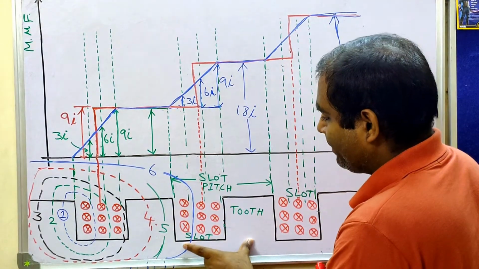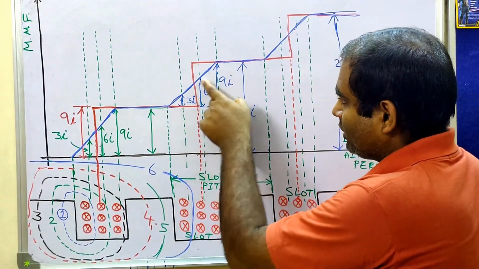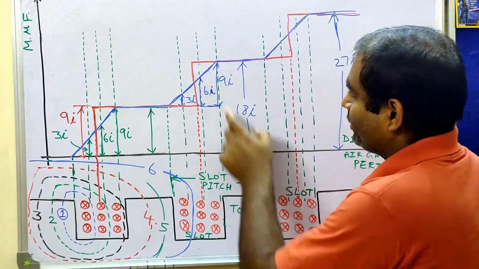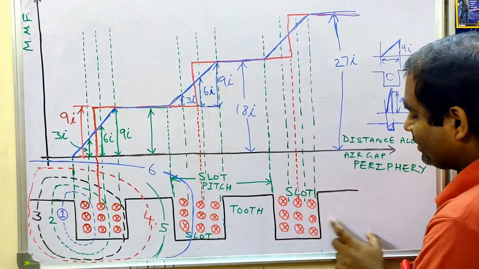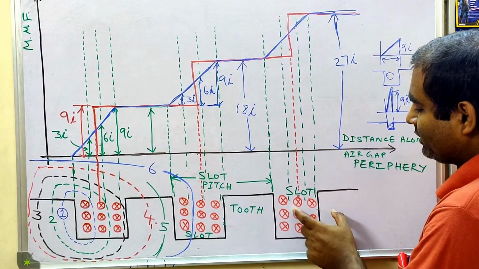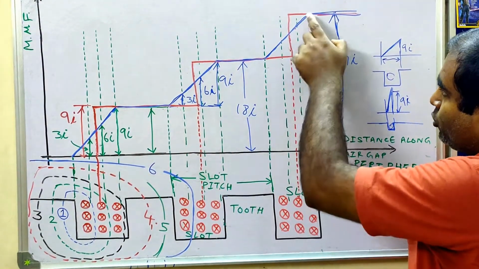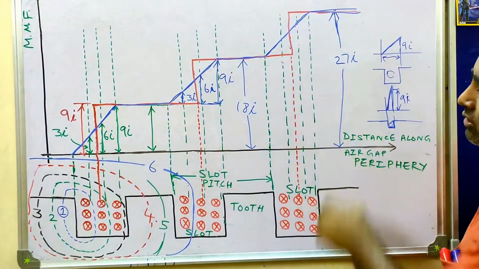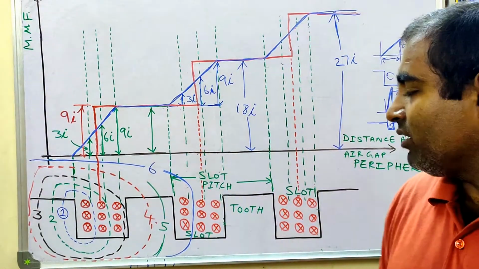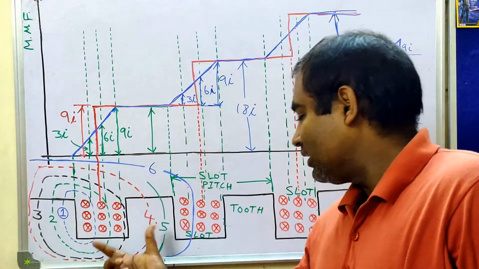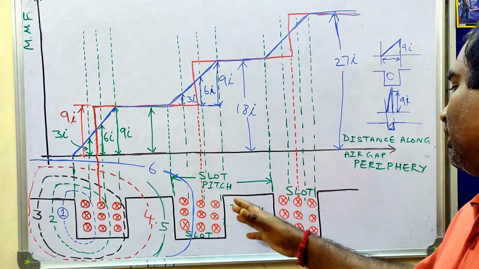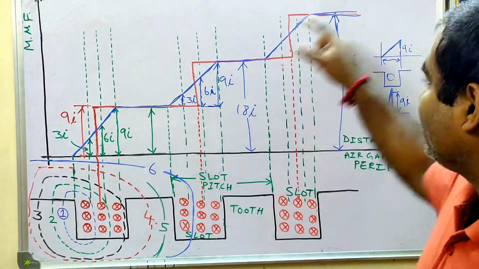Again for this slot pitch, what happens? Linearly rising over the slot portion and flat over the tooth portion. For this slot pitch, linearly varying over the slot portion and flat over the tooth portion. So whatever is the nature of MMF variation for one slot pitch, it will get repeated for the remaining slot pitches, isn't it?